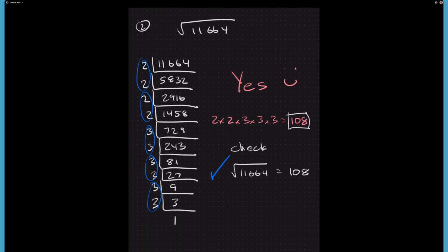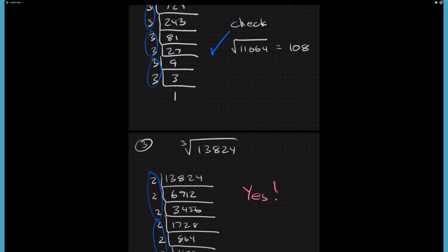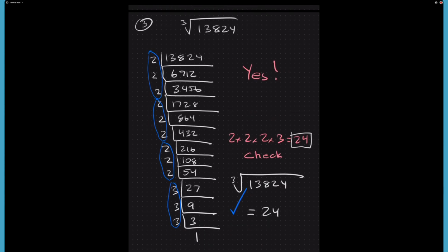Calculating the square root of 11,664 using prime factorization proved that yes, it is a perfect square, and the square root of 11,664 is 108. And finally, in question number 3, is 13,824 a perfect cube? Yes, and the cubed root of 13,824 is 24.